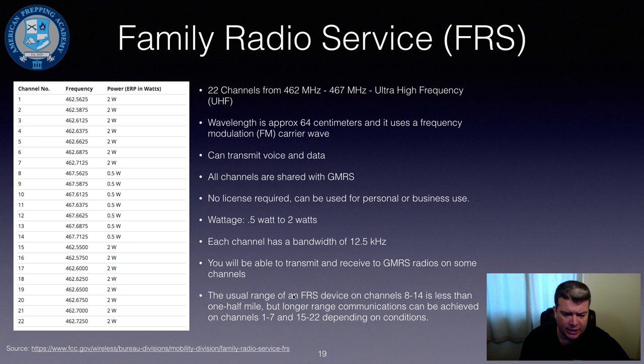The usual range of an FRS device on channels 8 to 14 is less than 1/2 mile. So those are the half-watt channels. And the longer distance communications can be achieved on channels 1 through 7 and 15 through 22, depending on conditions. And again, that's your 2-watt channels.